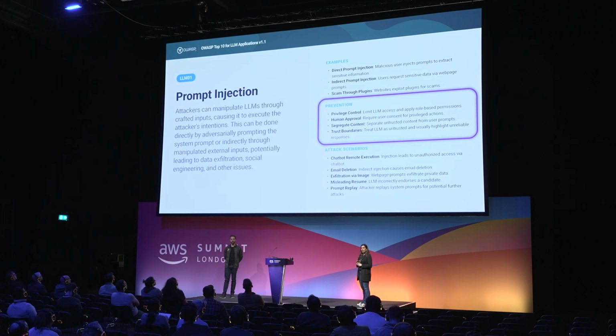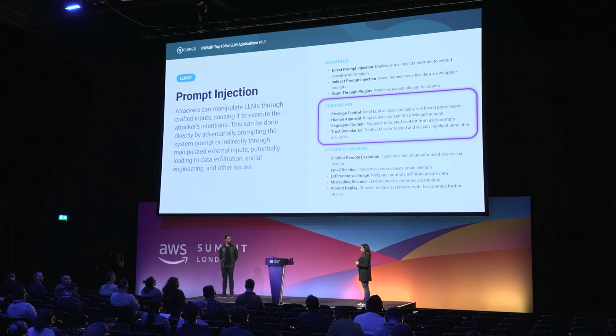We did use a reference that, as Danny mentioned in the beginning, from the OWASP Top 10 for LLMs, and it has some recommendations around the prevention that you can use. So it gives you high-level guidelines, and they are really helpful to think about what applies to your app and how you can go about implementing it.